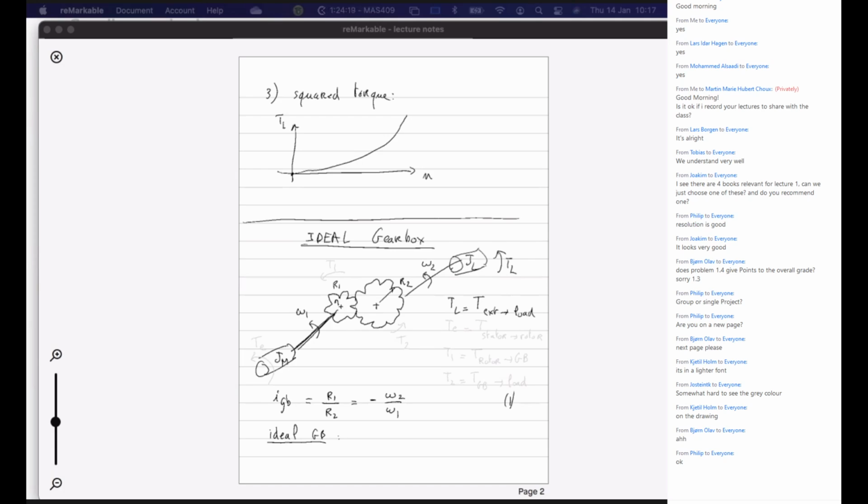But what we say when it's an ideal gearbox, we say that we have basically T1 times omega 1. So the power transmitted from the motor to the gearbox is equal to the power transmitted from the gearbox to the load. So T2 omega 2.